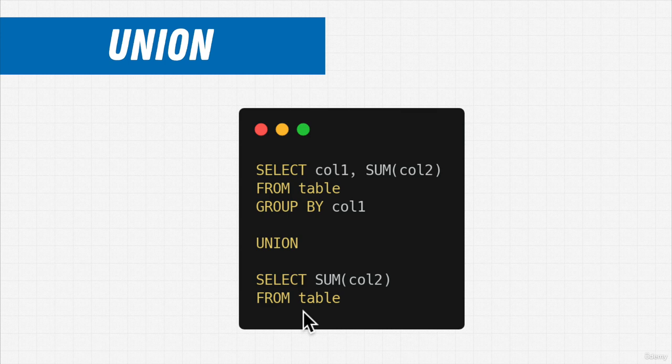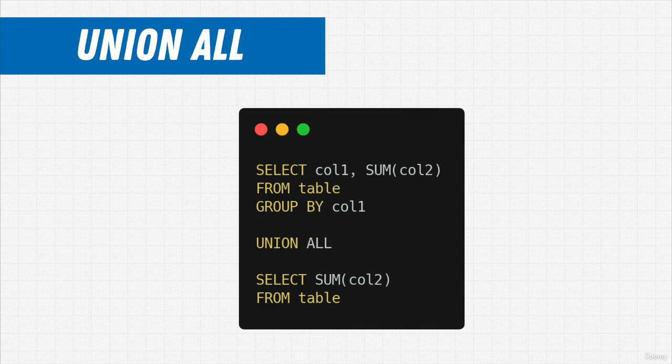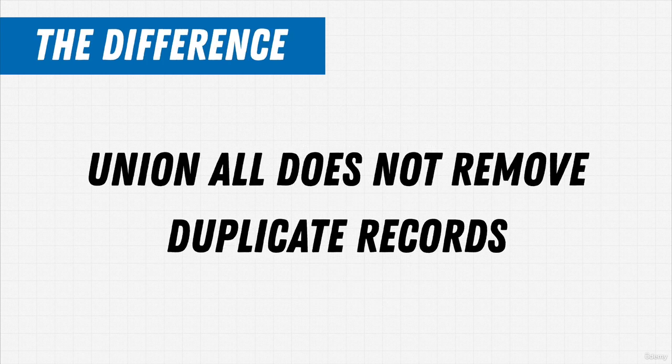And on top of that, there is a separate keyword called union all. Now, what's the difference, I hear you ask? What's the difference between union and union all? Well, the main difference is that union all does not remove duplicate records. Remember when we said that SQL and tables cannot contain duplicate records, and that the primary key is there to warrant that we have unique outputs?